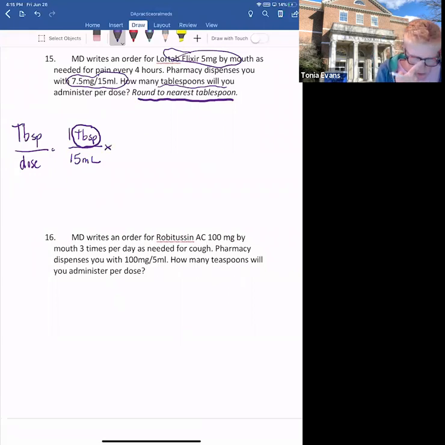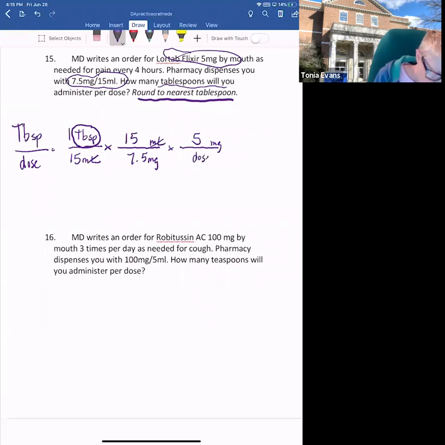Okay, so I know that 1 tablespoon is 15 milliliters. Now I need to get rid of milliliters. What do I know about milliliters? Well, I know that 15 mLs contains 7.5 milligrams. So that gets rid of my milliliters. Now I need to get rid of that milligrams. Well, I have an ordered dose of 5 milligrams per dose. So that cancels out our milligrams.